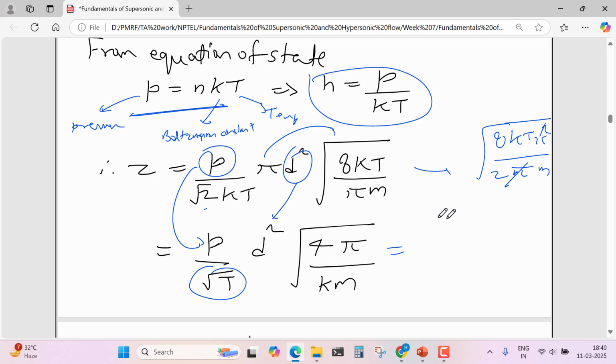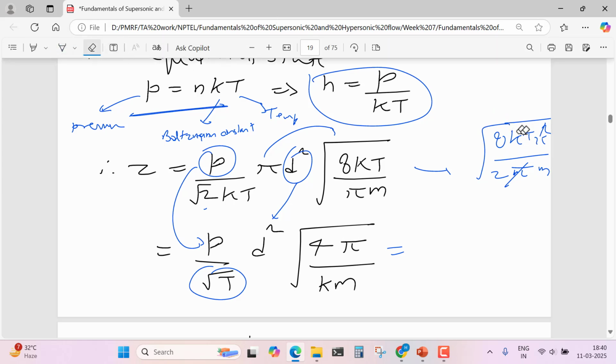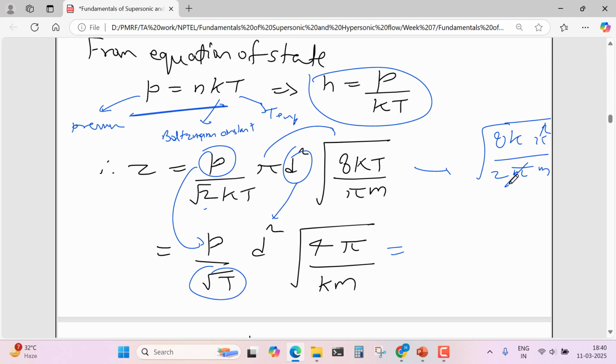The k I will also take inside, it will become k square, and one k will cancel, so it will become under 4 pi upon km, or P upon root T d square into 2 under pi upon km.